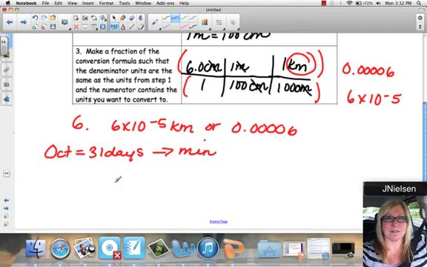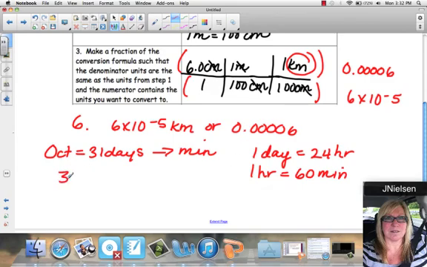What do we know about a day? Hopefully you can tell me that 1 day equals 24 hours. And hopefully you can tell me 1 hour equals 60 minutes. These are conversion factors, and we are going to use them to convert 31 days to minutes.